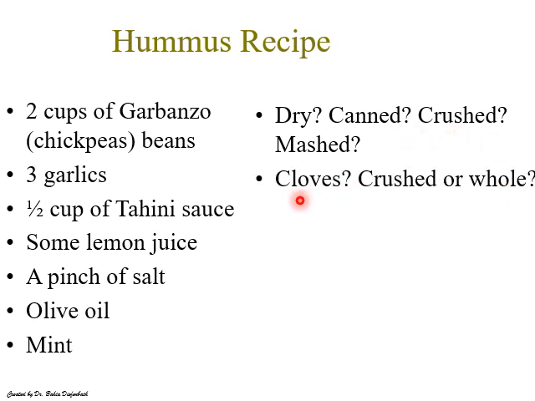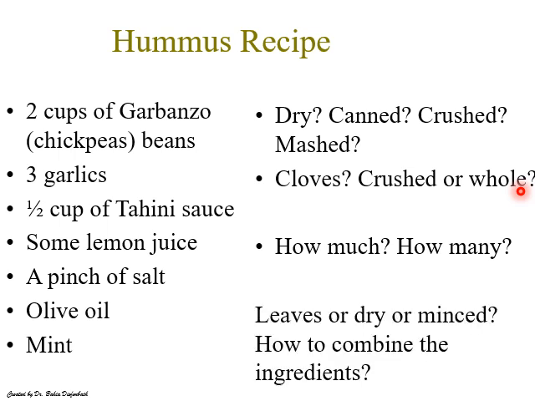Are we talking about cloves of garlic, crushed or whole? Some lemon juice. How much? Pinch of salt. Mint, leaves or dry or minced. Also, how do we combine all these ingredients? There are so many unanswered questions.